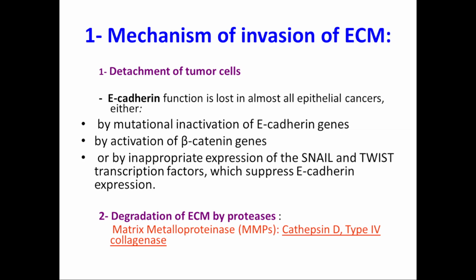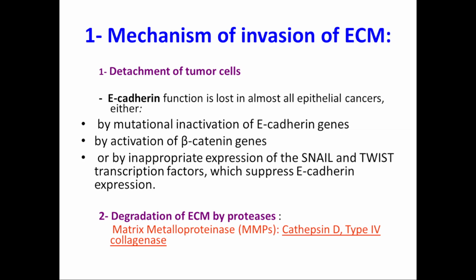So what happens in the steps? How does this process happen? The first step is detachment of tumor cells. If you remember, we said a very important part of this is E-cadherin, right? E-cadherin holds the cells together and mediates cell to cell interaction.